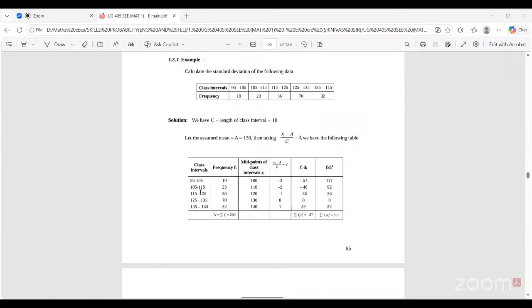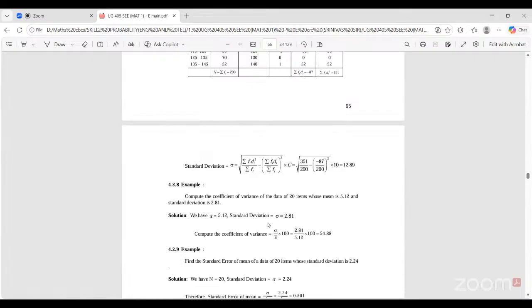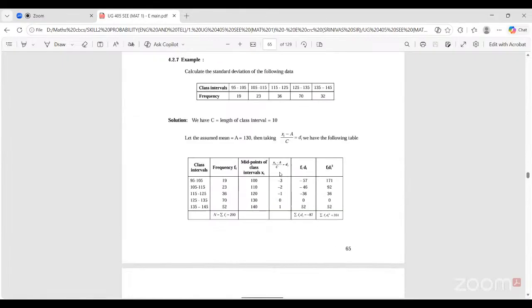Midpoint is that is 100, 110, 120, 130, 140. So xi minus x bar also we are taking here. The value here xi minus a, xi minus a by c is equal to di.